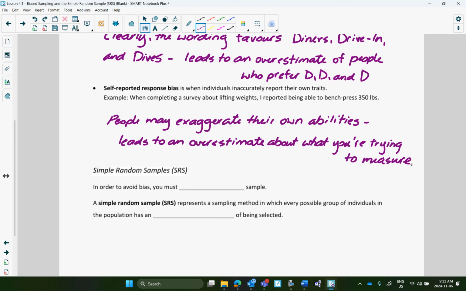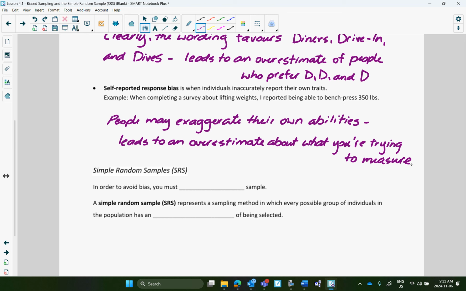Another example of a study done. I'm not sure who would want to do this study, but anyway, they wanted to know what percent of people wash their hands after they went to the washroom. So first thing you ask people about it, chances are you're going to get an over or under.